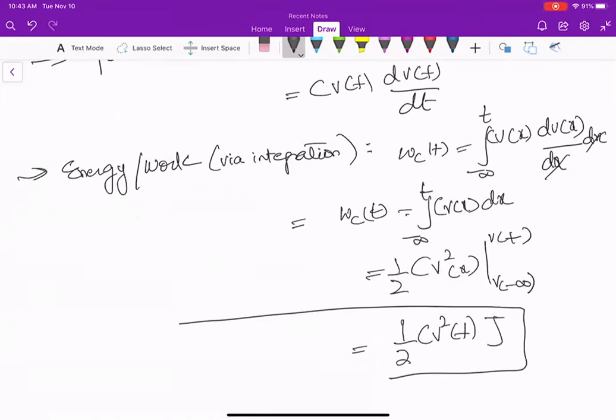So this expression is important for us because this tells us the energy stored in the capacitor.